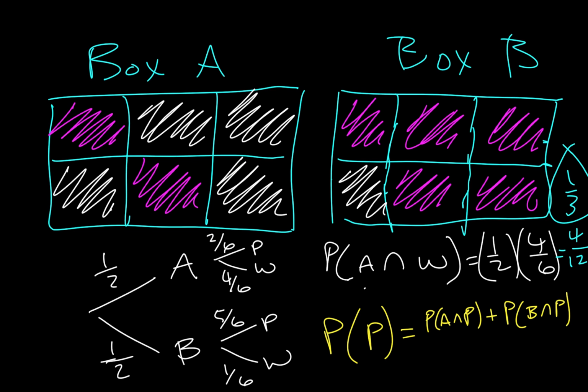The probability of A and being purple is 1/2 to get into A, and then purple would be 2/6. The probability of getting into B is 1/2, and the probability of being purple in there is 5/6.